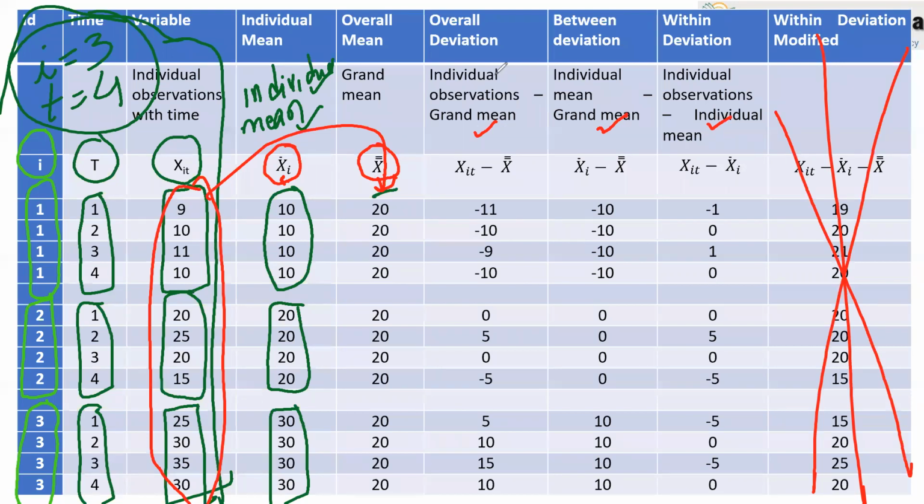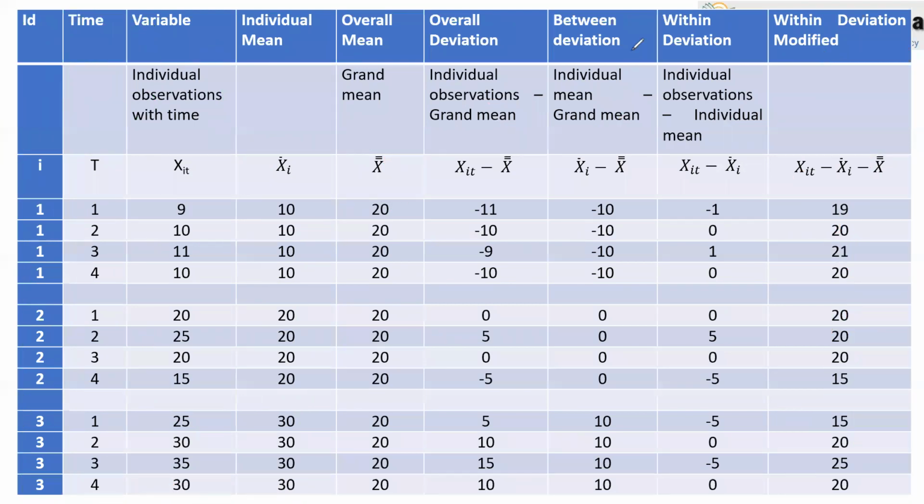Here we are taking individual observations minus grand mean, meaning 9 minus 20, 10 minus 20, 11 minus 20, 10 minus 20, similarly for all.